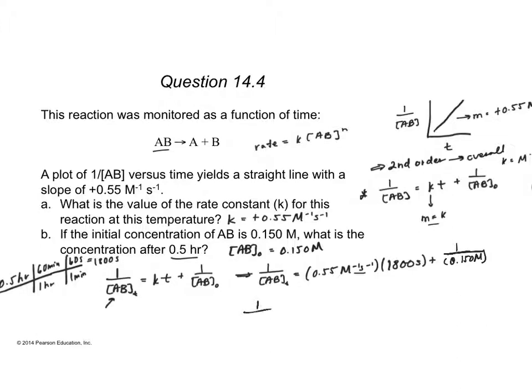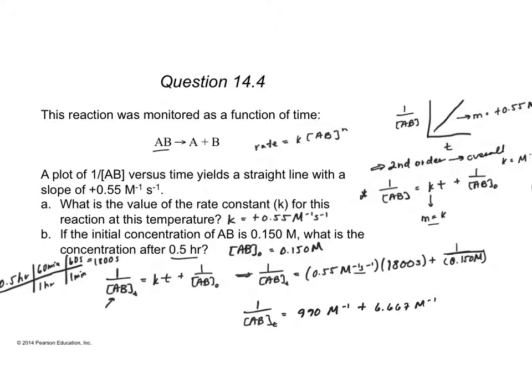Now I can start solving for things. I have 1 over AB is equal to 0.55 times 1,800, which gives me 990, plus 1 over 0.150, which is 6.667.